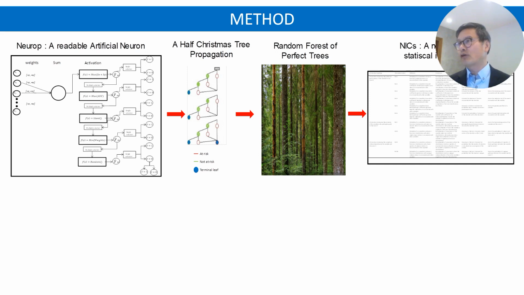With this random forest of perfect trees, we have developed 3 new families of statistical information that assess the performance of the prediction, the complexity of the prediction, and the proximity between a feature and its outcome.